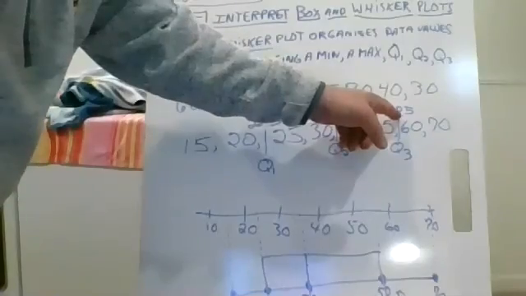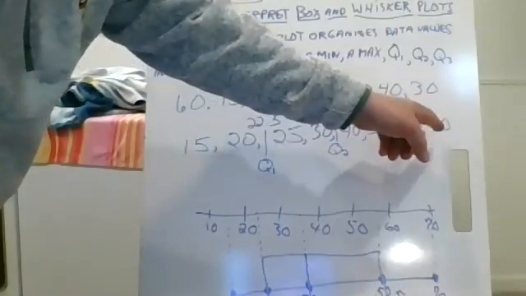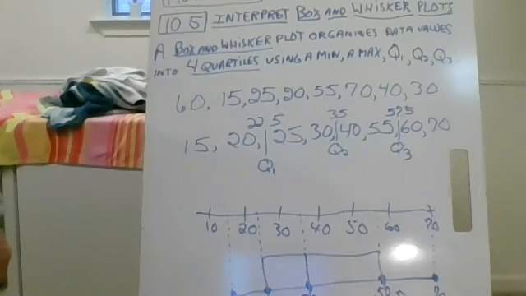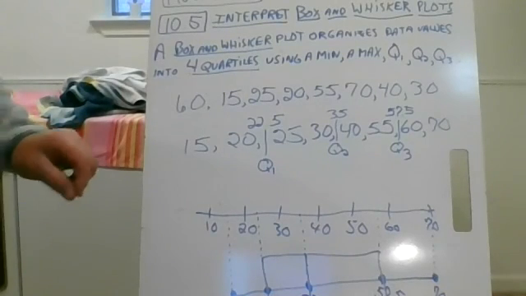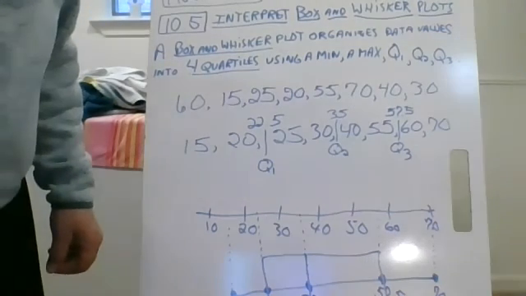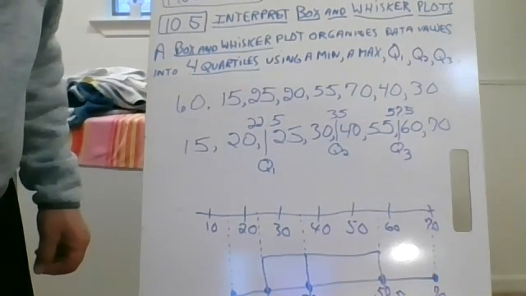To the right of 57.5 are 2 values. So there's an equal number of data values in each quartile. Again, the segments are not of the same length, but they have the same number of data values. And that's box and whisker.